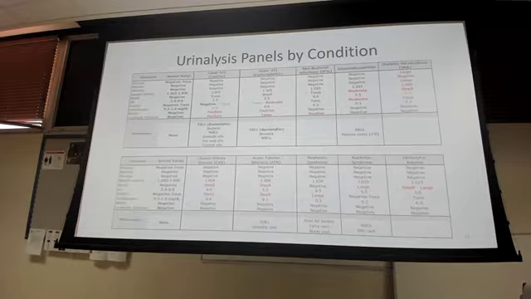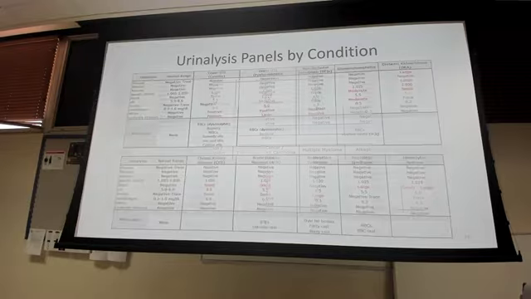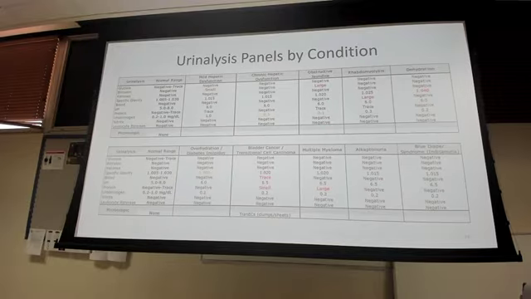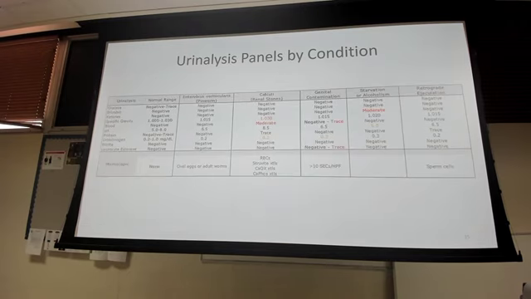And let's see, nephrotic syndrome, that one's important. Rhabdomyolysis, dehydration, okay? So make sure you all are looking at these, so you know what to select, all right? So there's like 3 slides of these that I would like you to look at.